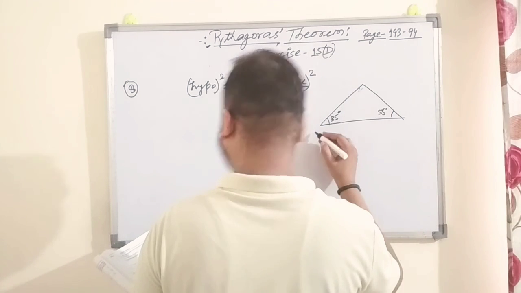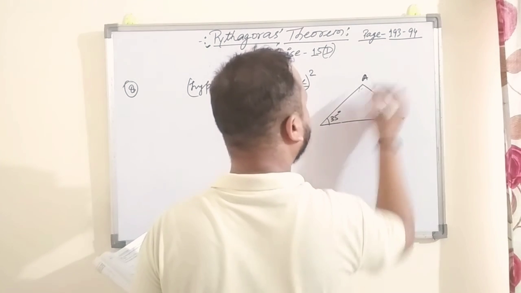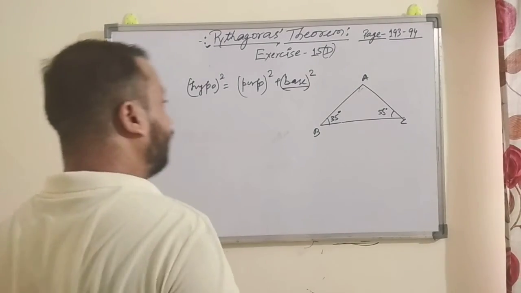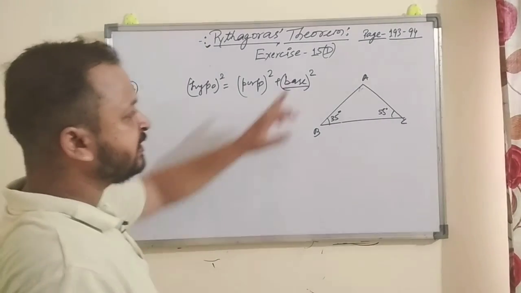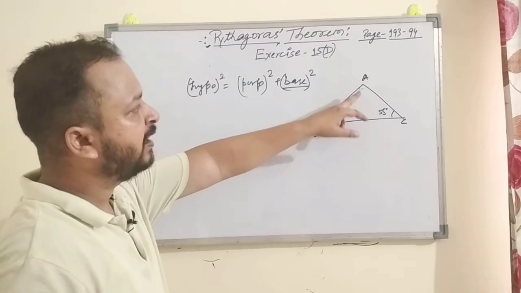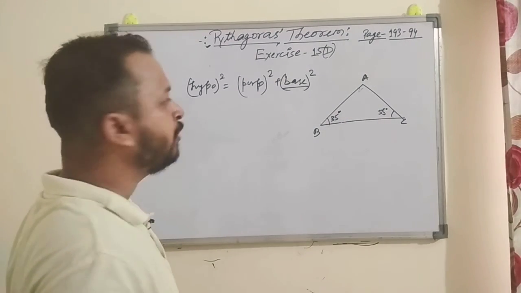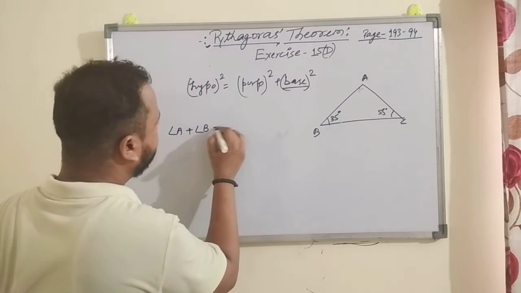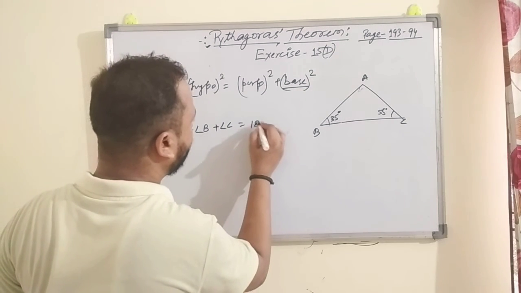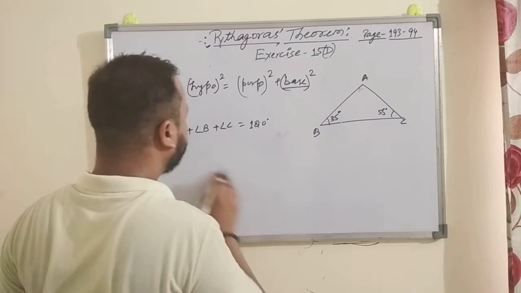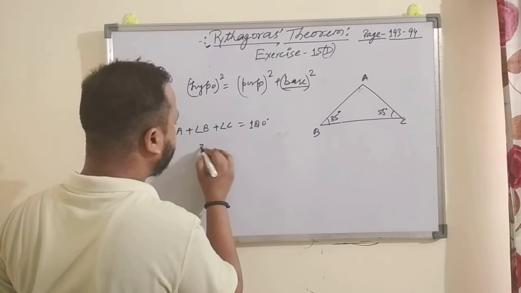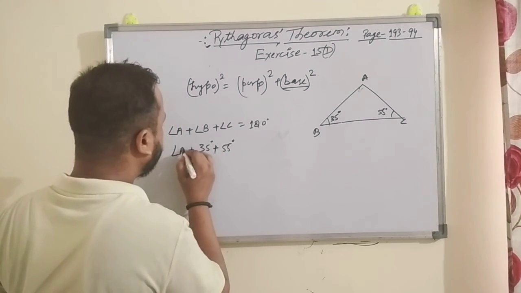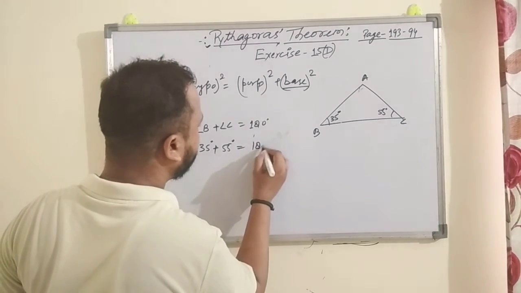So we know that if this is triangle A, B and C, the angle sum property of a triangle says that the sum of angles of a triangle is equal to 180 degrees. It means angle A plus angle B plus angle C is equal to 180 degrees, right? So here two angles are given as 35 degrees and 55 degrees, and angle A we have to find out.